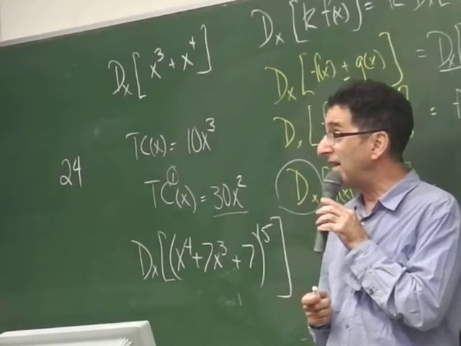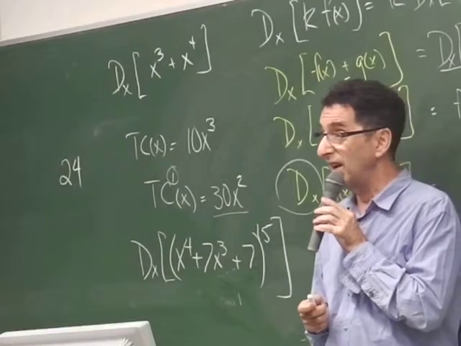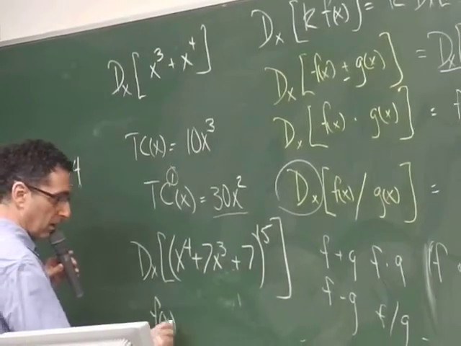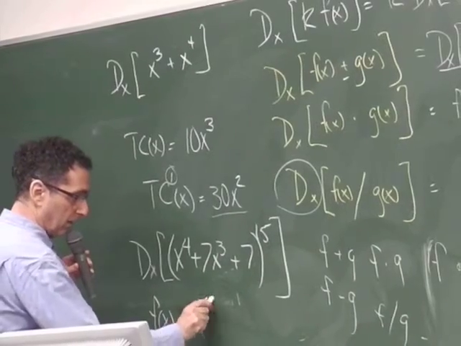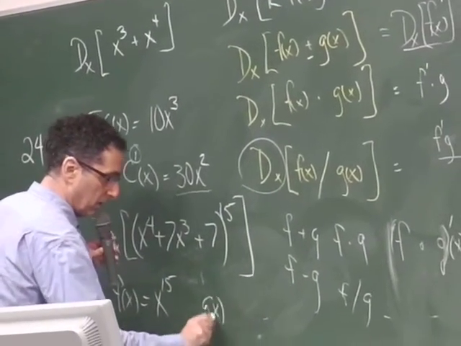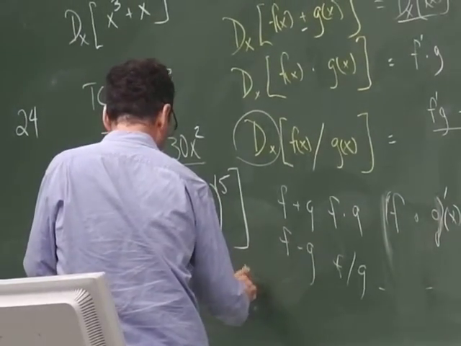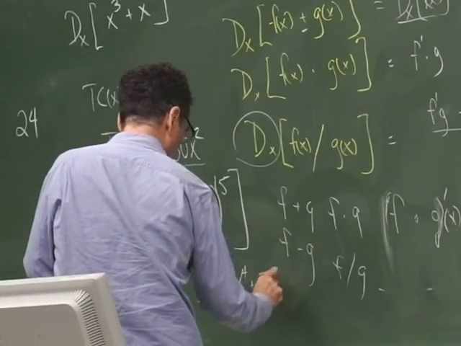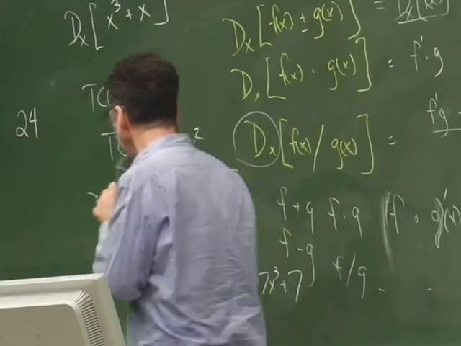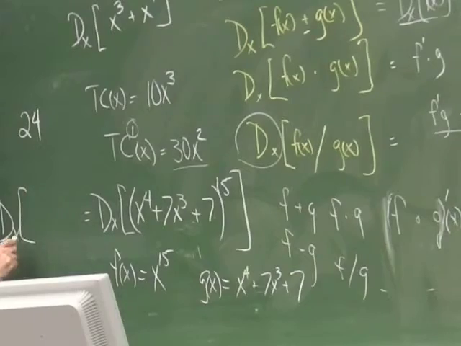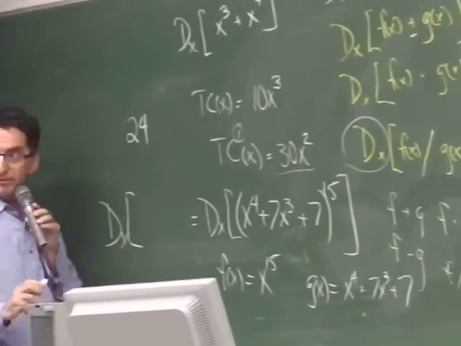And then you have it as the composition of, let's say the outside function is x to the 15th, and the inside function is x to the 4th plus 7x cubed plus 7. So then this is equal to the derivative of what?